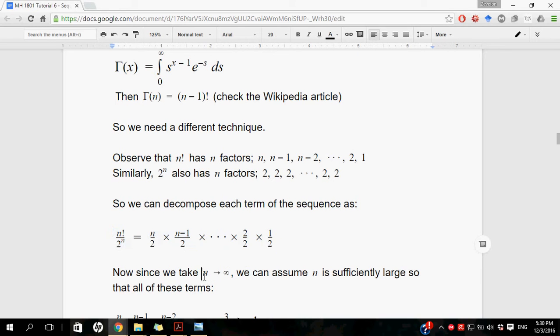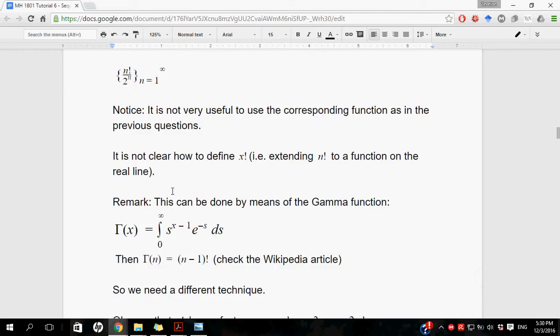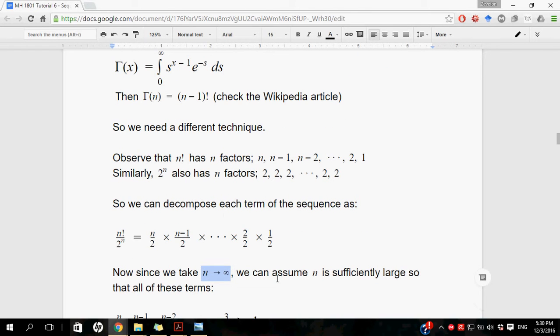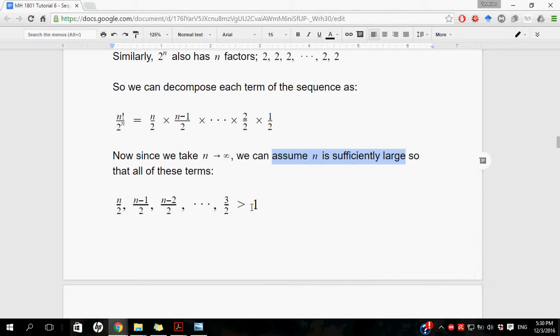Because we are taking n towards infinity for this sequence, it is enough for us to assume that n is sufficiently large, such that all of these terms from n over 2 to 3 over 2 are always going to be greater than 1.